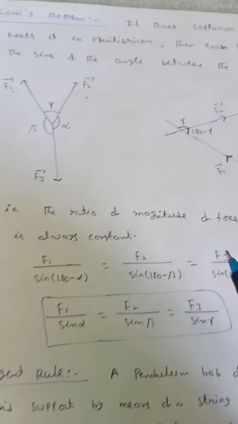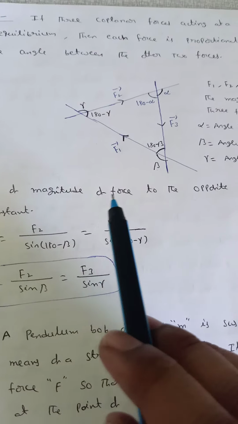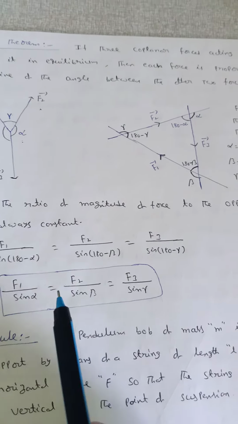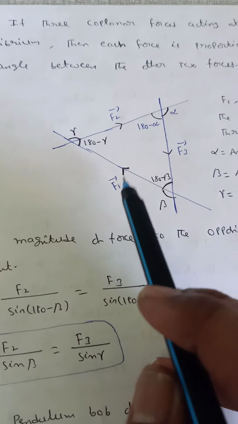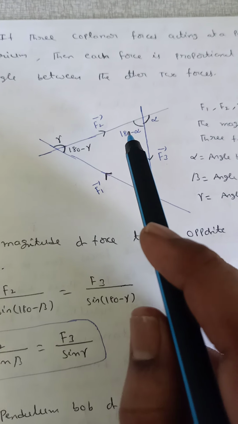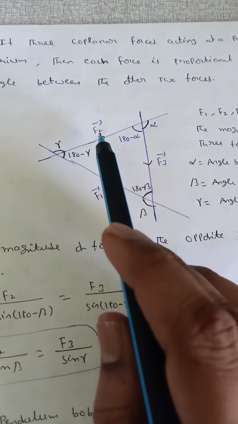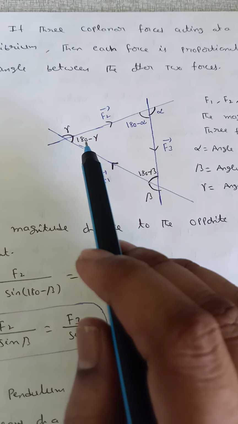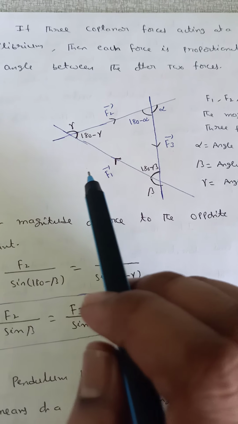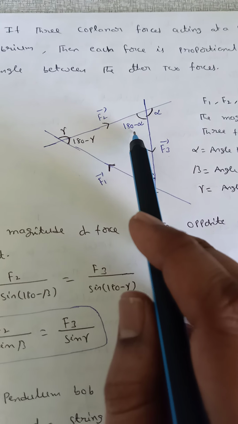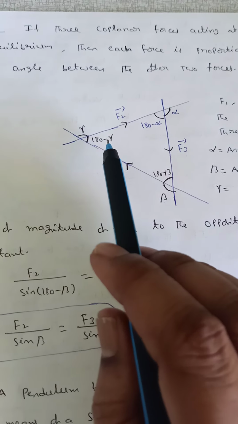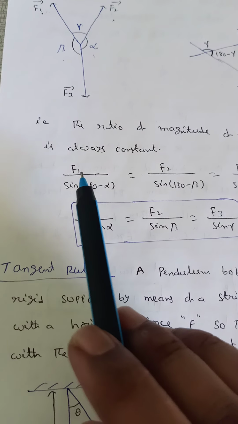That means the ratio of the magnitude of each force to the sine of its opposite angle is always constant. According to Lami's theorem, F1 by sin(180 minus alpha) equals F2 by sin(180 minus beta) equals F3 by sin(180 minus gamma).